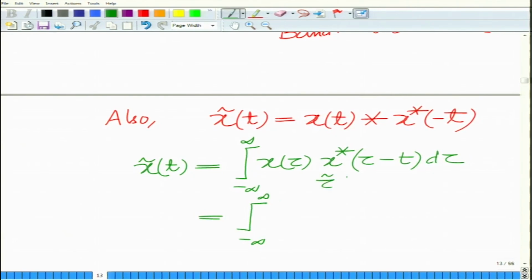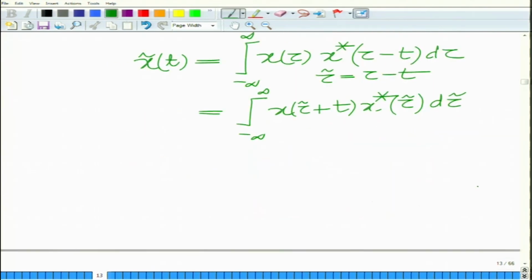You can set tau tilde equals tau minus t. So, this is x of tau tilde plus t times x conjugate of tau tilde d tau tilde, and this is termed as the autocorrelation.